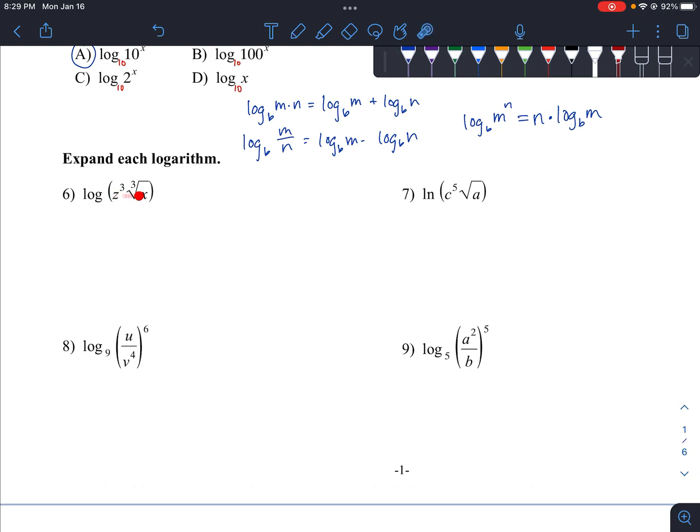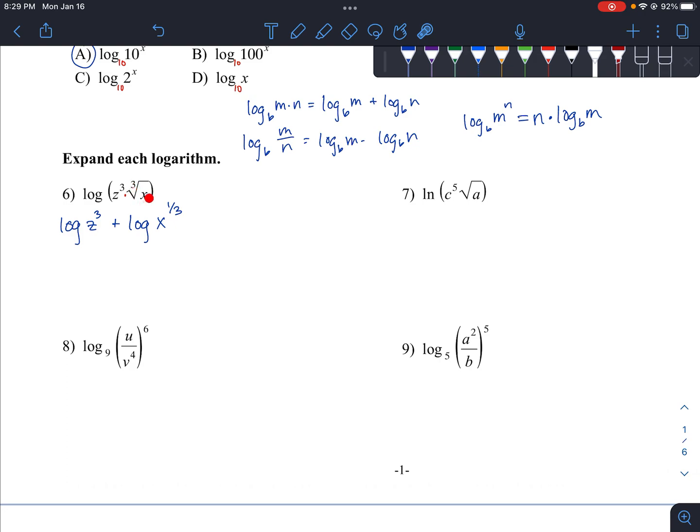Here I can see that these 2 terms inside the logarithm are being multiplied, so I'm going to first expand those. This will turn into a log, and it's a common logarithm, so I'm not going to write the base: log of 2 cubed, plus log of x to the 1/3 power.